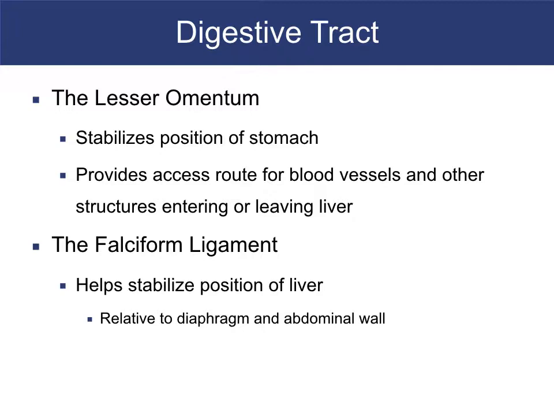The falciform ligament is even more ventral, and it helps position the liver, and you'll see it as a little layer of tissue that runs down from the abdominal wall into the liver. Okay? Once again, see it in the lab.